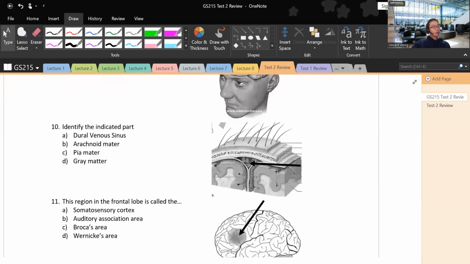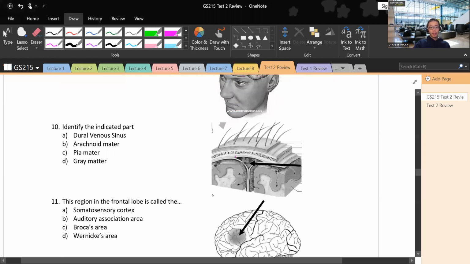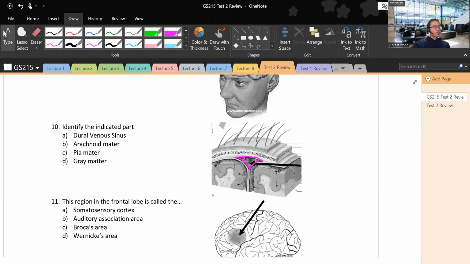This one we labeled quite a while ago. It's probably a good idea to refresh your memory on what this is. This is pointing at that little triangle space right here. Oh, you guys surprised me. Most people got it right.